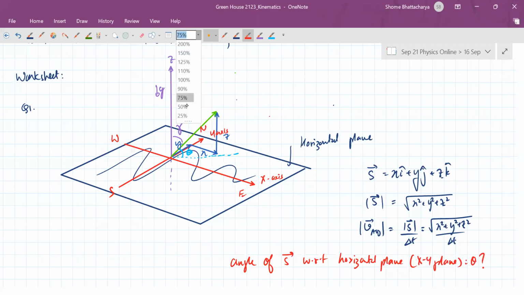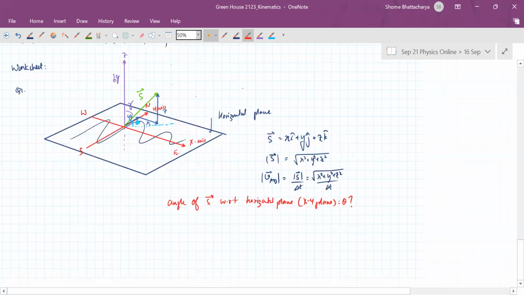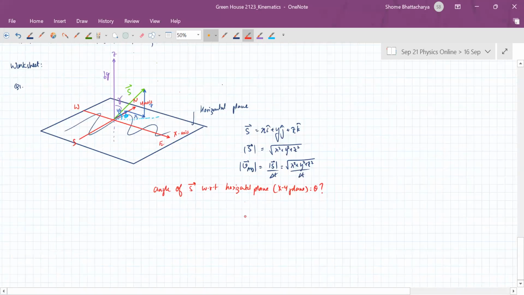Then theta will be equal to 90 minus gamma, where gamma is the angle with respect to the z axis. Now, what is s dot k cap? It is mod s into cos gamma.